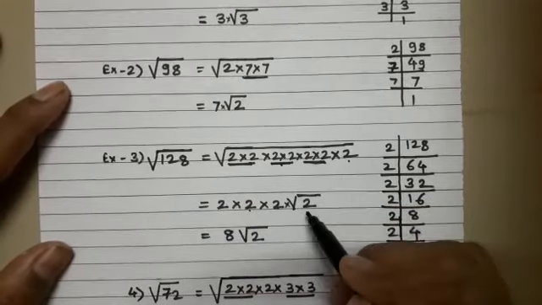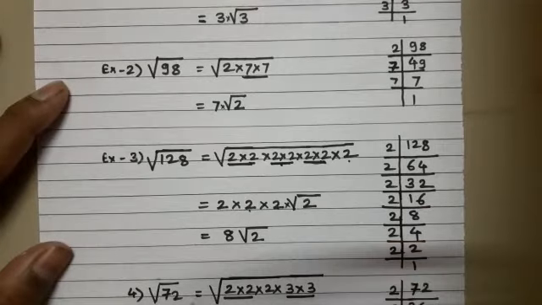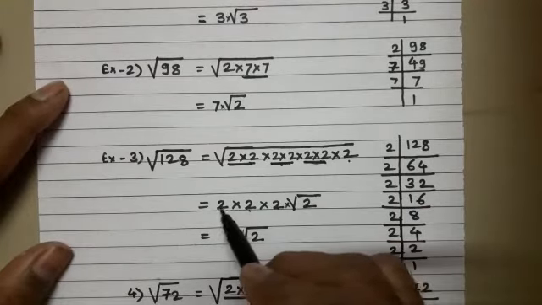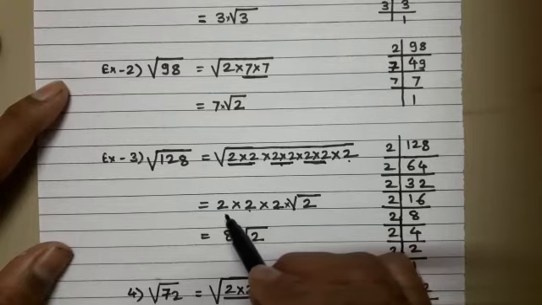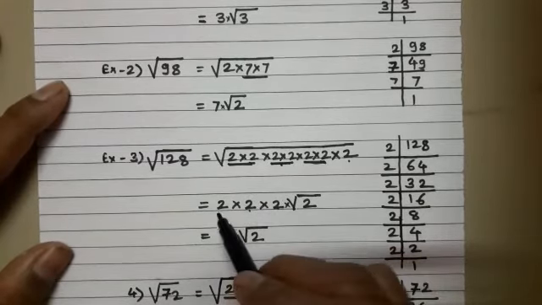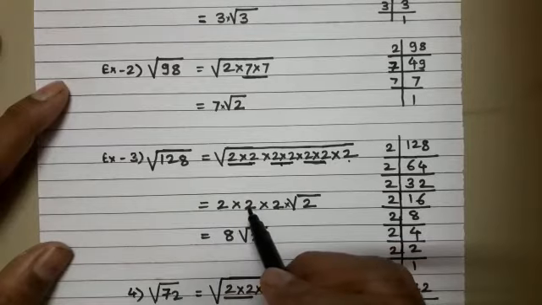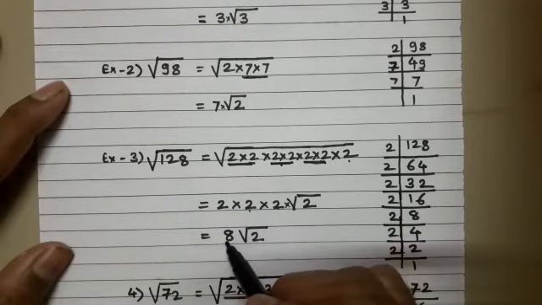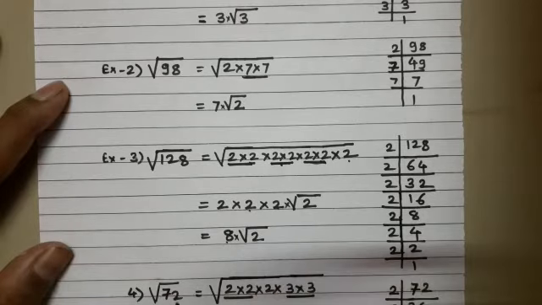That's why it remains in the square root. Do the product of the numbers which are outside of the square root. Actually, this is the rational part. 2 into 2, 4. 4 into 2, 8. 8 square root of 2.